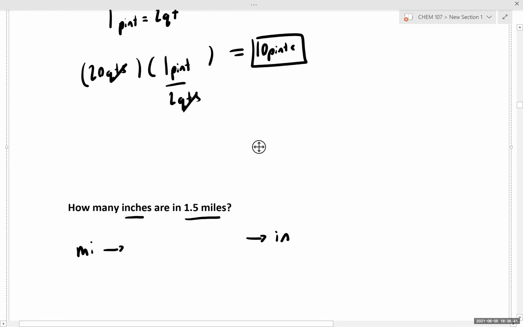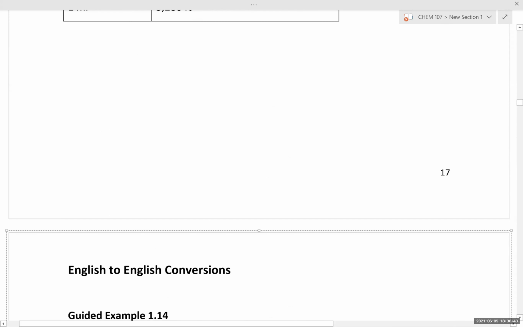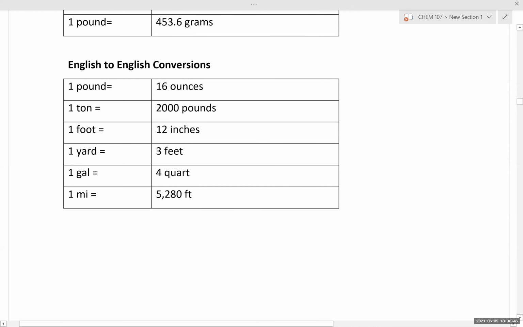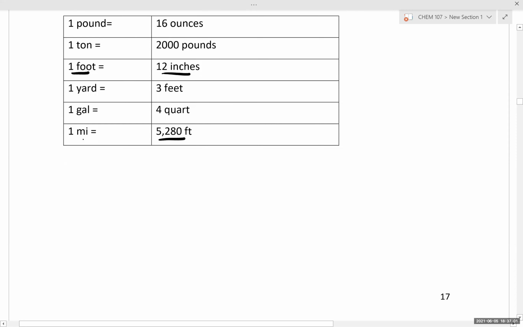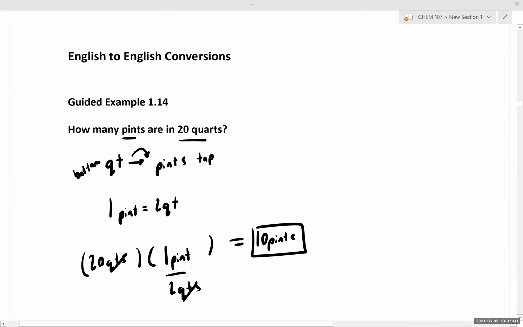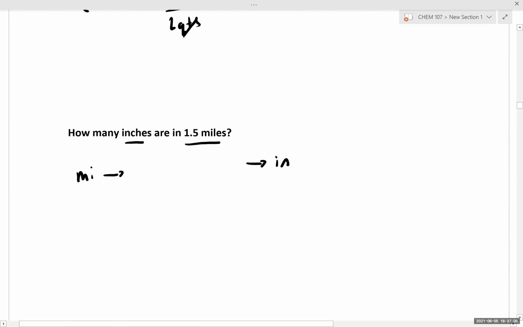So looking at our English to English conversion table, we know that we can go from miles to feet, and then we can go from feet to inches. So then to convert from miles to inches, it would be reasonable to go through units of feet. So in this case, our intermediate unit will be feet.